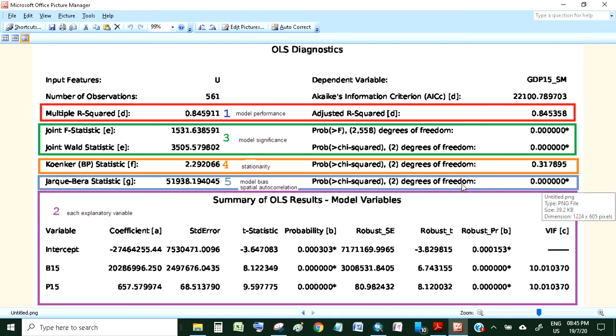The Jarque-Bera statistic indicates whether or not the residuals are normally distributed. Residual means observed minus estimated values. The null hypothesis for this test is that the residuals are normally distributed.